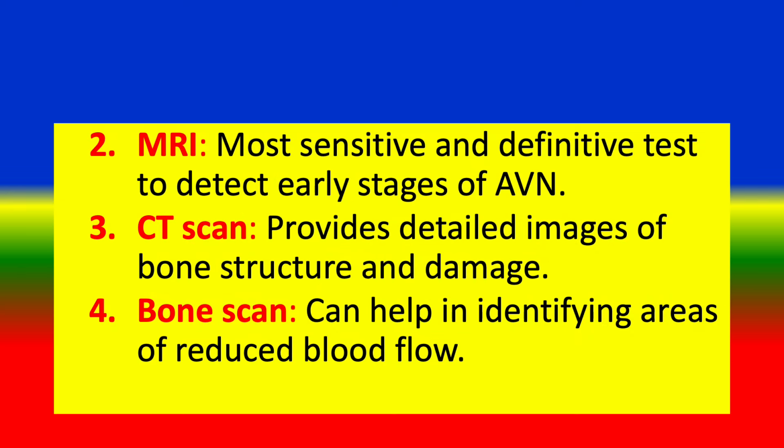MRI, the most sensitive and definitive test to detect early-stage AVN. 3. CT scan provides detailed images of bone structure and damage. 4. Bone scan can help in identifying areas of reduced blood flow.